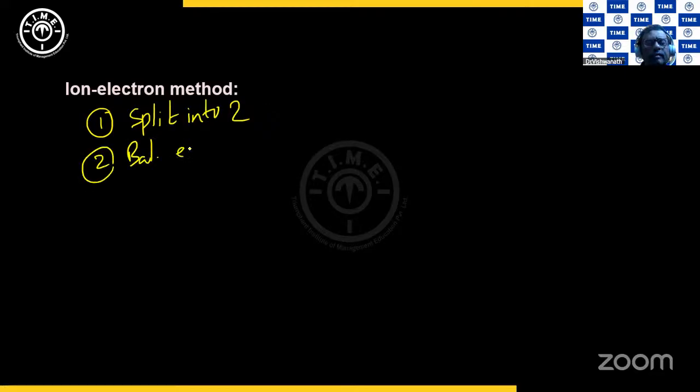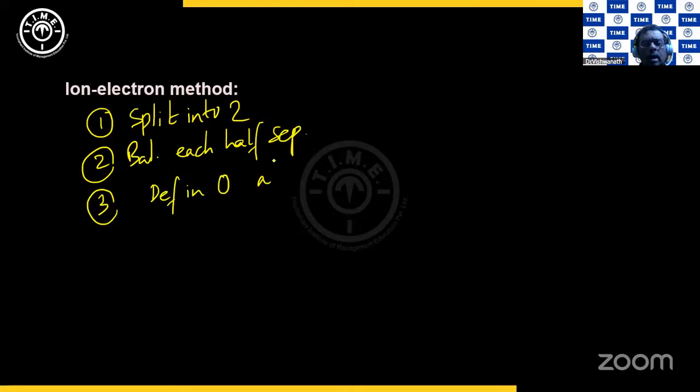So in this ion electron method, what we are actually doing is splitting the reaction into two halves. Then balance each half separately. Then to the side deficient in oxygen, add H2O.